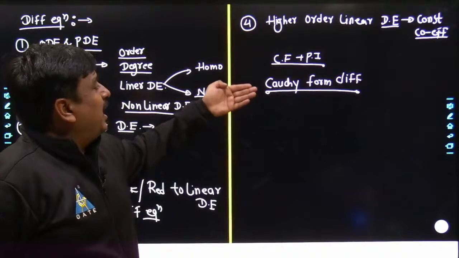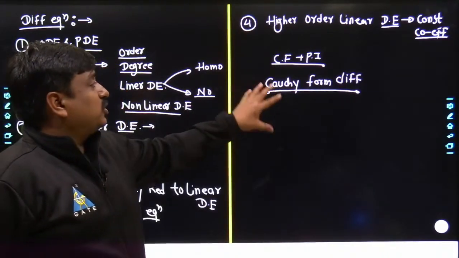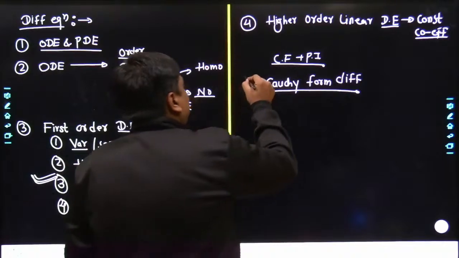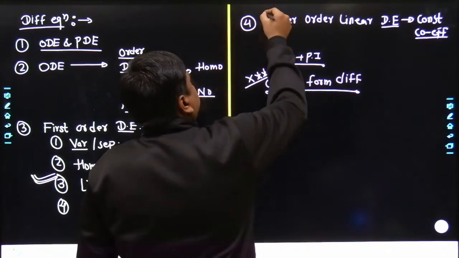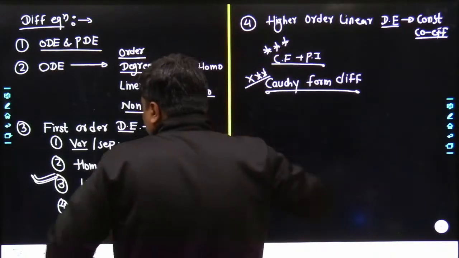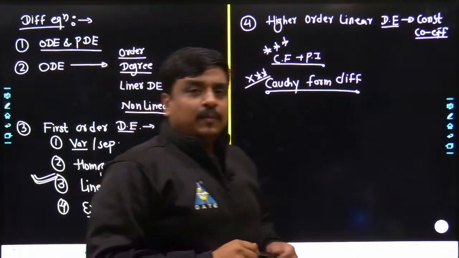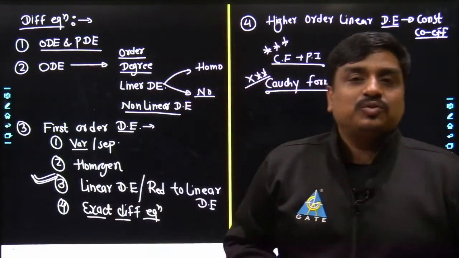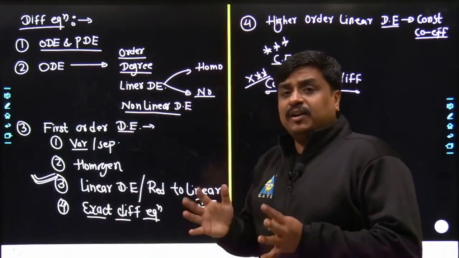And yes, problems have been coming from this zone repeatedly, so you must focus on this also. Yes, I would recommend this as another important topic within the differential equation. So these are the three topics from where the questions do come repeatedly. And now I would recommend one thing. You need not follow all of the questions which have come in BS Grewal, because in BS Grewal there are so many difficult zones.